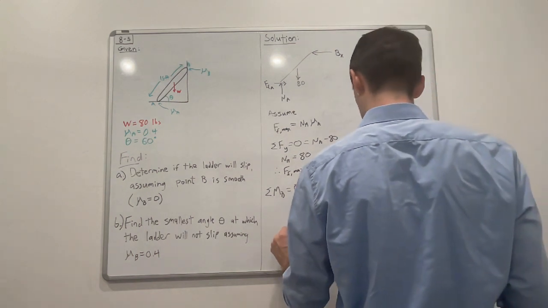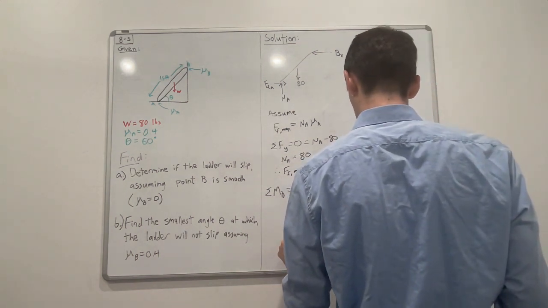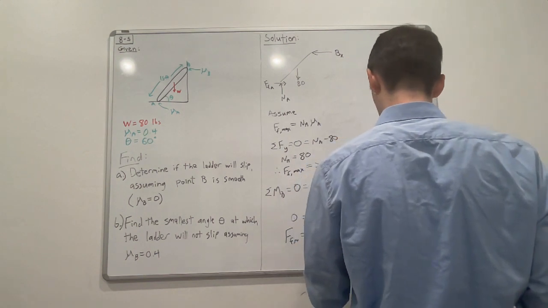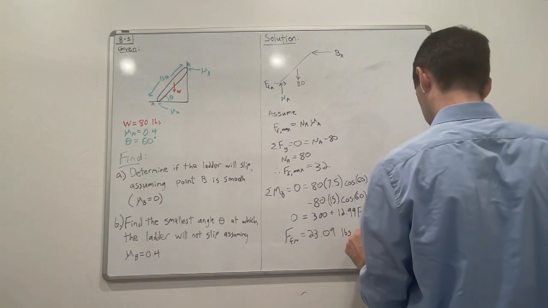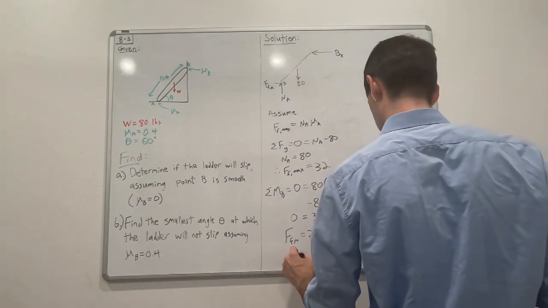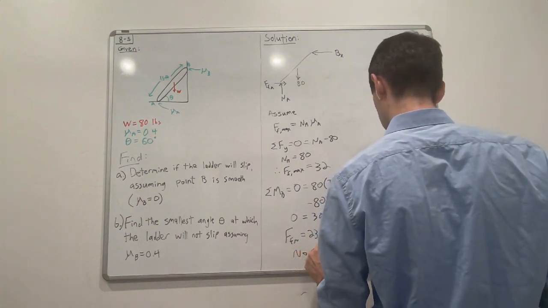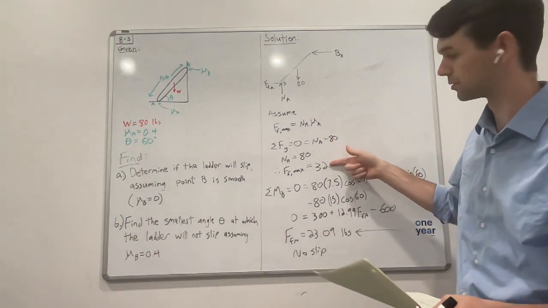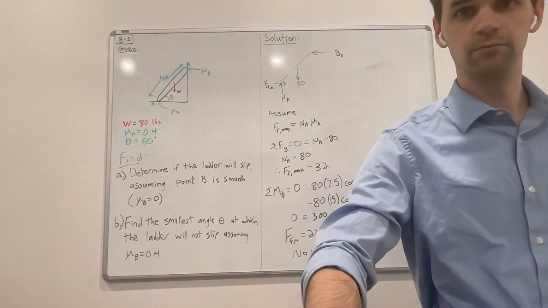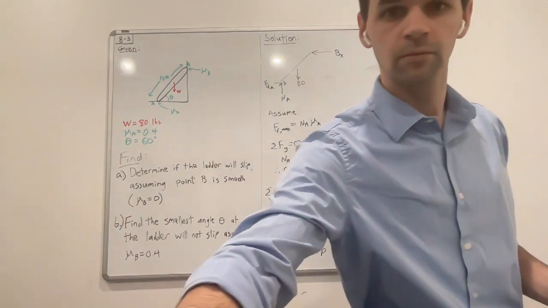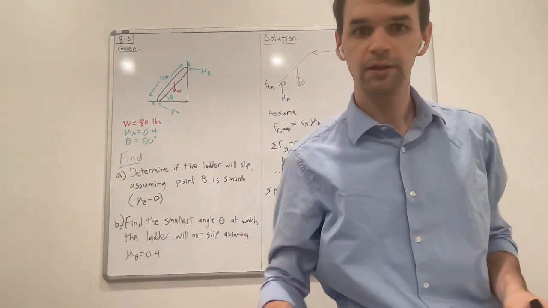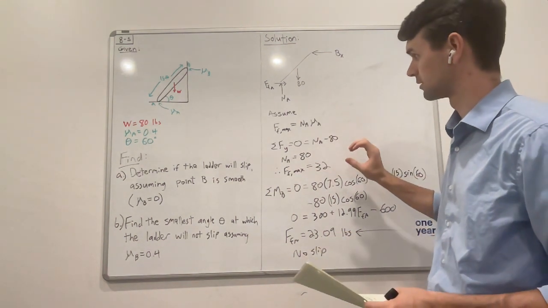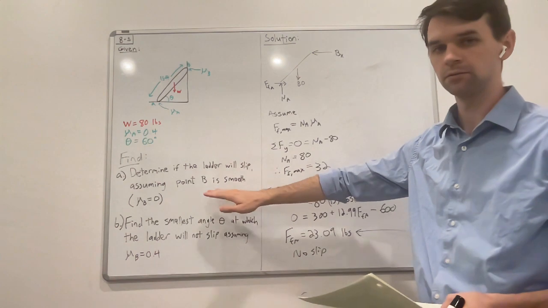And when we do that math, we end up getting that friction force A is going to equal 23.09 pounds. Therefore, no slip, right? Because 23 is less than the maximum friction force. We know that it will not slip. So part A, no slip.